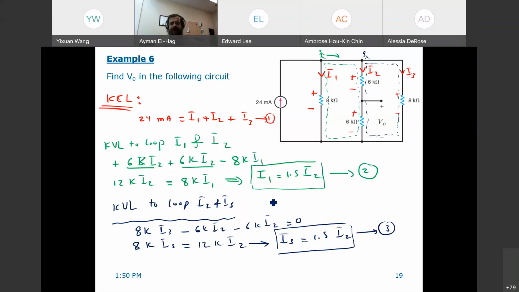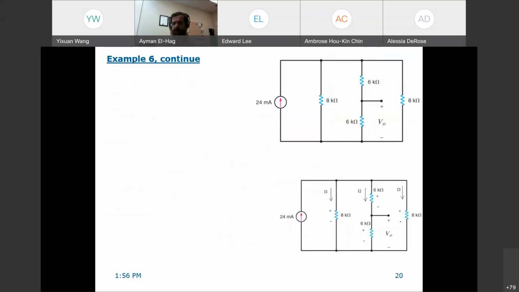So now I have equation 1, equation 2, equation 3. Let me write down the equations. I1 plus I2 plus I3 equal to 24 milliamps. This is the first equation. The second equation, we said that I1 is equal to 1.5 I2. And the third equation, we said that I3 is also equal to 1.5 I2.